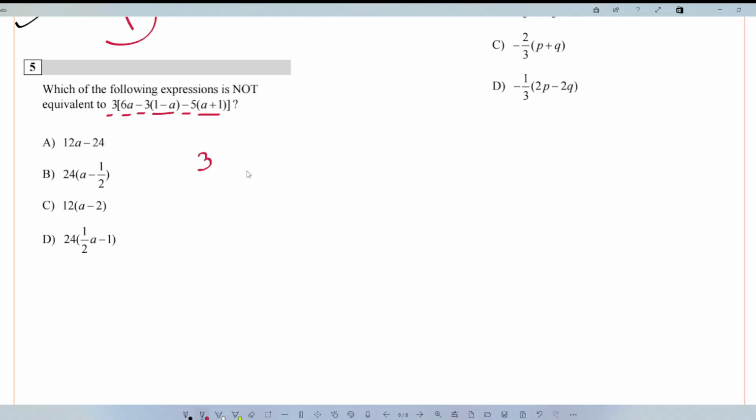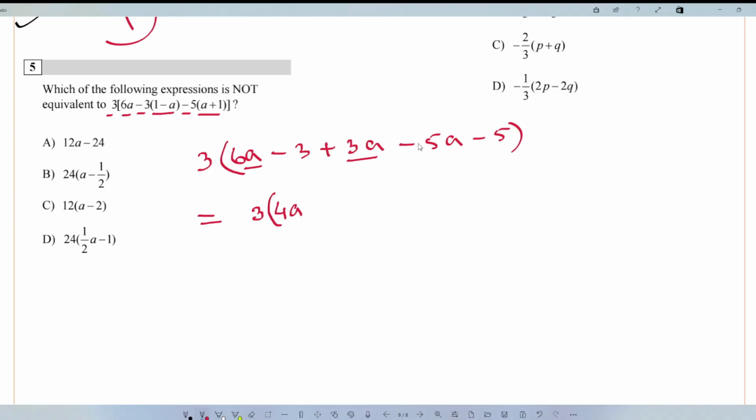Here is 3, and we can write 6a minus 3 plus 3a minus 5a minus 5. Okay, so here is 6a plus 3a, it means 9a. 9a minus 5a means 4a, and here is 3.